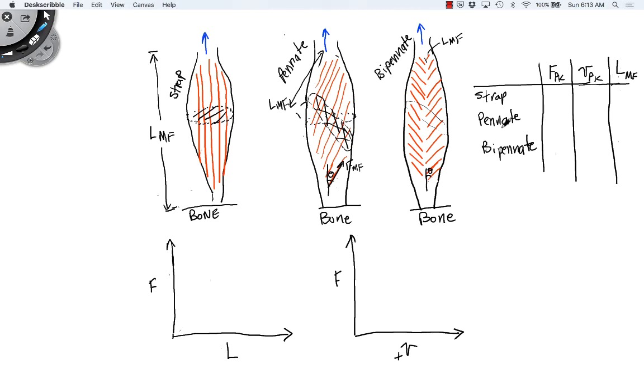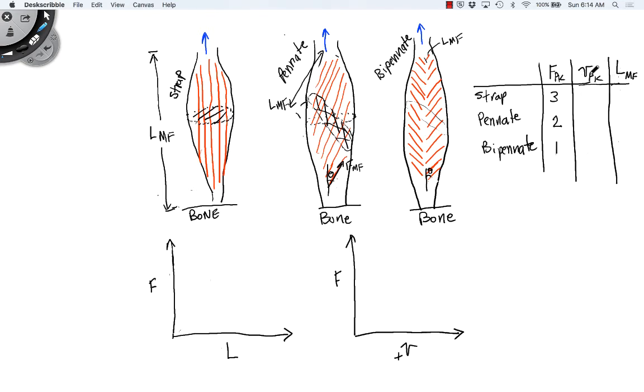So let's first make a chart of the different muscles, the strap, pennate, and bipennate muscles, and put down how that relates to their peak force, peak velocity of contraction, and overall length. Essentially the highest peak force came from the bipinnate muscle, so we'll put 1 for that. Second was the pennate, and last was the strap, because of their physiologic cross-sectional areas.